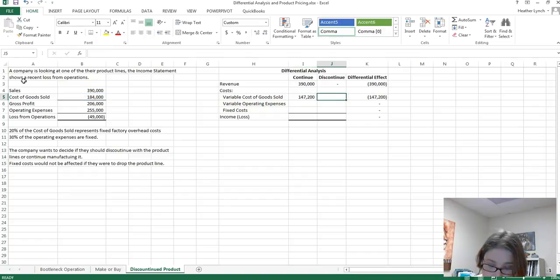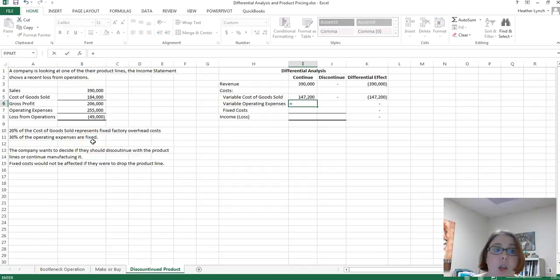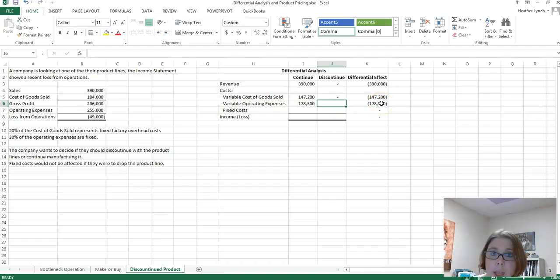For operating expenses, they said 30% are fixed, so I'm going to take our operating expenses times 70% because 70% of that is variable. The balance of it is fixed. So if we discontinue it, we're not going to have that amount.